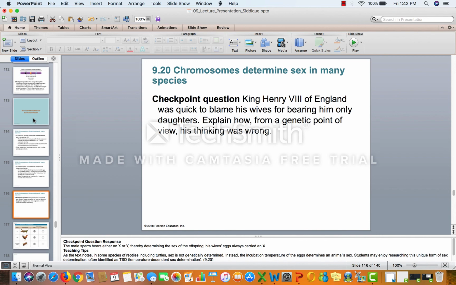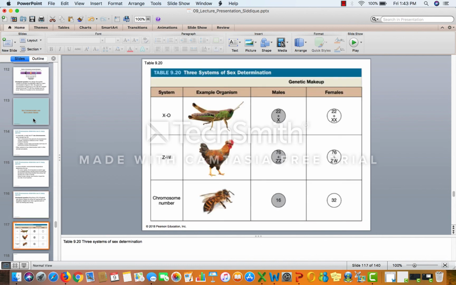The male can donate either an X or a Y. The female can only donate an X, so the one who determines the match is the male with the X and the Y. So why do we still have so much female blame game? It's absolutely unfortunate.